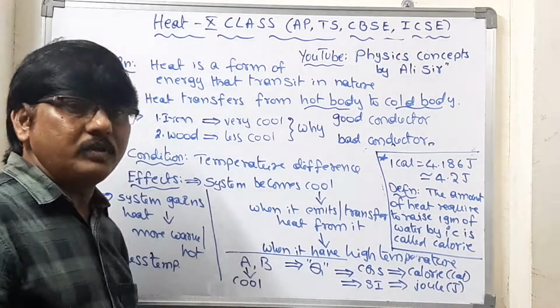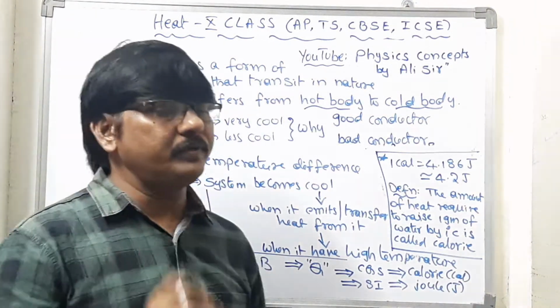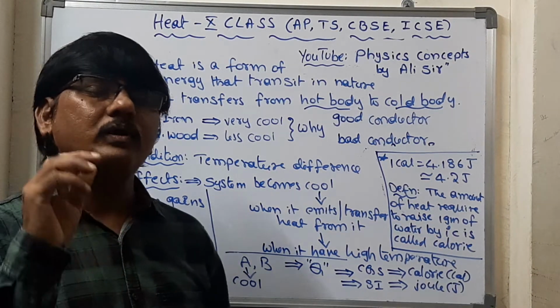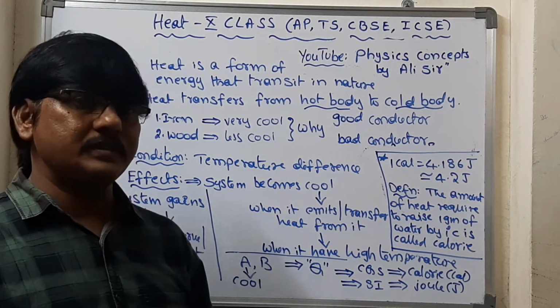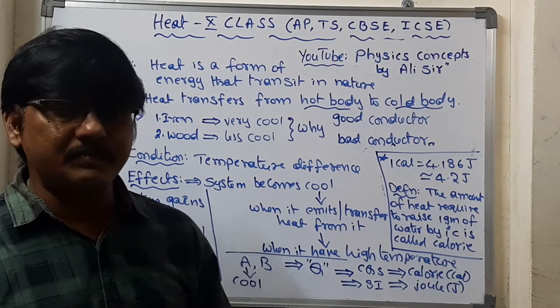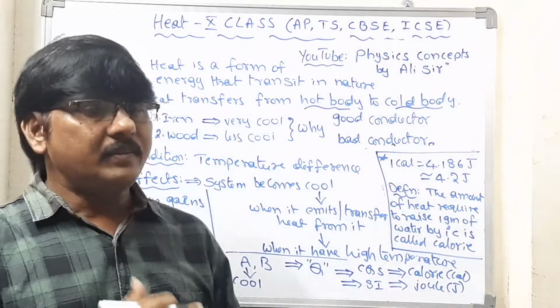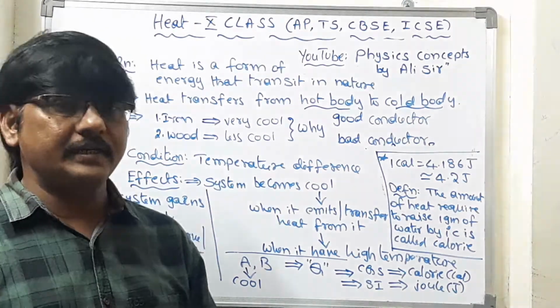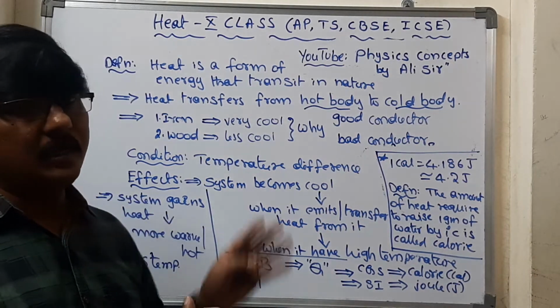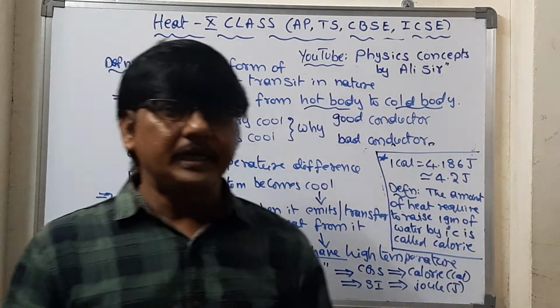Keep two terms in mind: the amount of heat required, for 1 gram of substance, to raise the temperature by 1 degree Celsius. That is what we call a calorie. Okay, understood? That's all the information about heat.